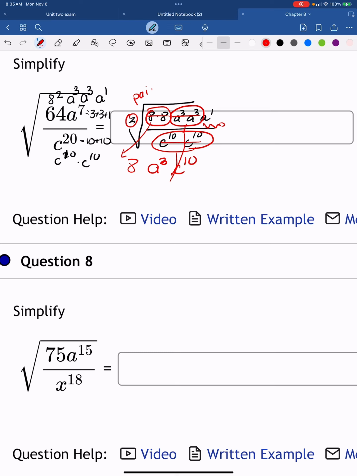That was our only odd power. And the c to the 10th is down here. So we have 8a cubed over c to the 10th times the square root of little a.